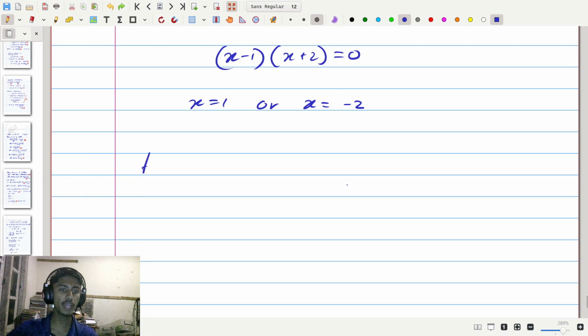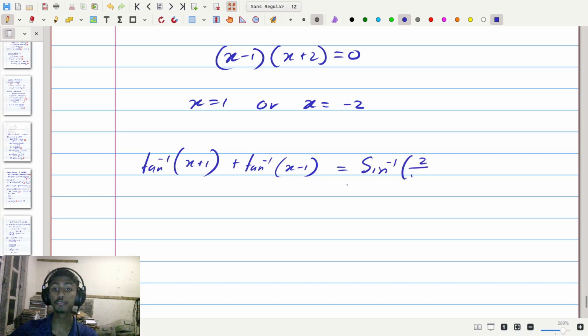So writing this down, we have tan inverse of x plus 1 plus tan inverse of x minus 1 equals sin inverse of 2 over root 5, and I want to bring to your attention that since this value is positive, inside of our triangle, for the angles in between negative pi by 2 and pi by 2 for sin inverse, we are going to get a positive value for the sin inverse of 2 over root 5.